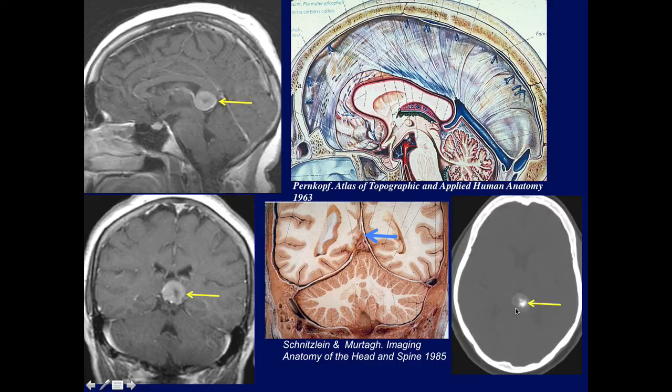Again, CT to the rescue. So this is again a small meningioma kind of sitting, displacing the internal cerebral vein in the back of the third. Could it be a pineal region tumor? Maybe, but not likely. Much more likely to be a small meningioma.